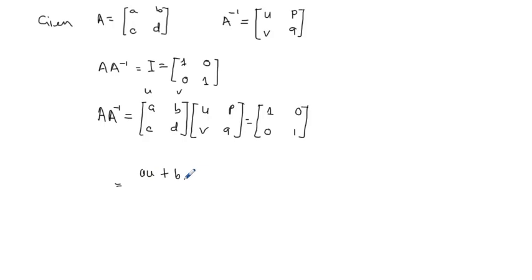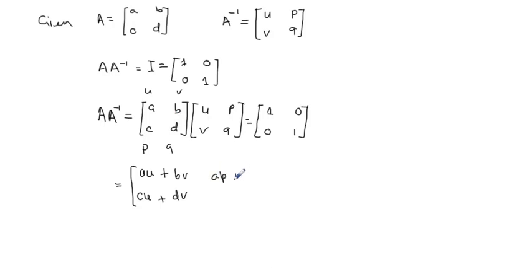Then we go to the second column and do the same thing. If we transpose here, we have P, Q. We run along the columns and have AP plus BQ, and CP plus DQ.